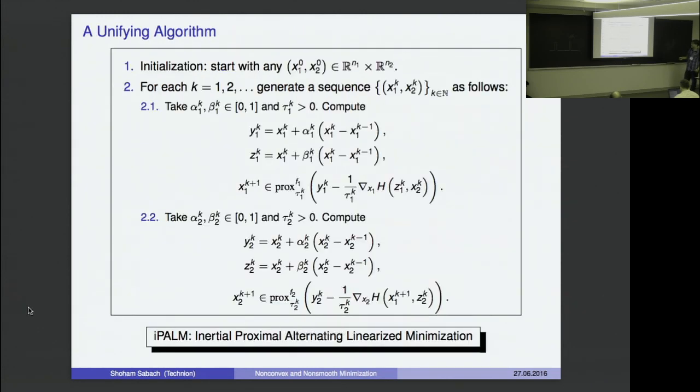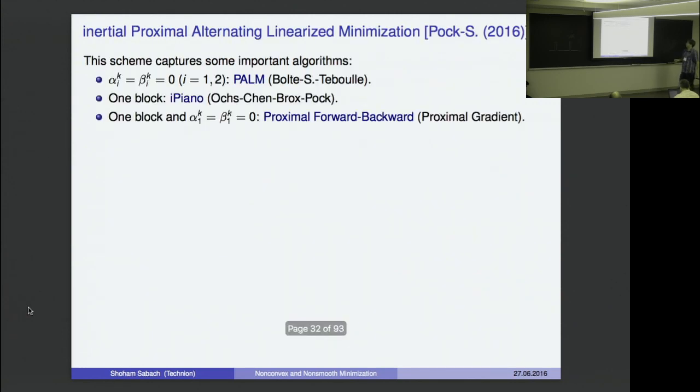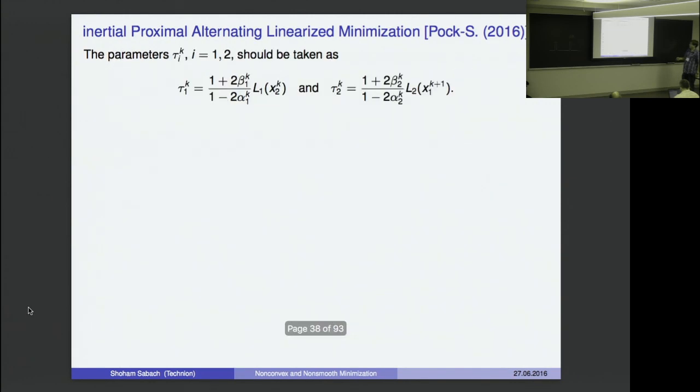The steps of the algorithm depend on 1/tau_{i,k}. So this is the step size of the gradient step. In the convergence analysis, we got exact formulas for the parameter tau. In the general non-convex setting, tau should be related to the partial Lipschitz parameter, which makes sense.